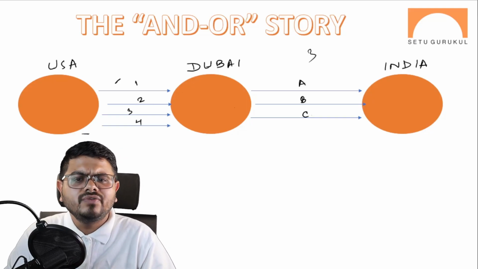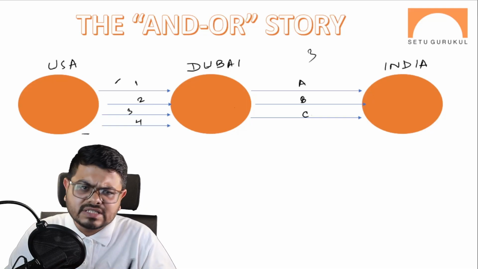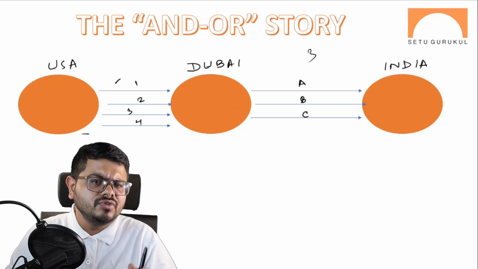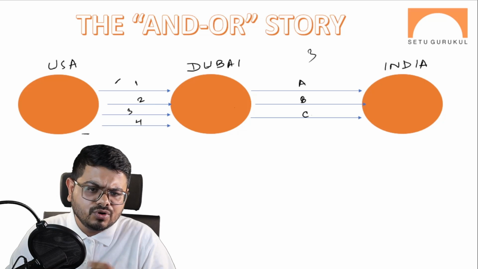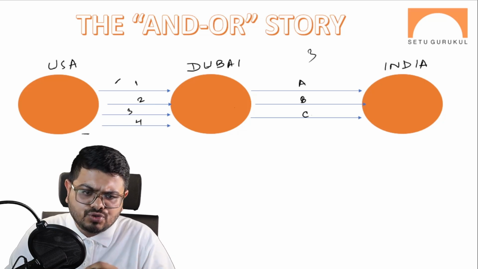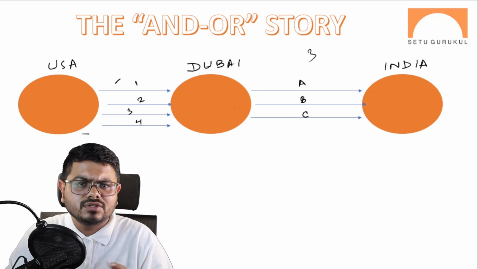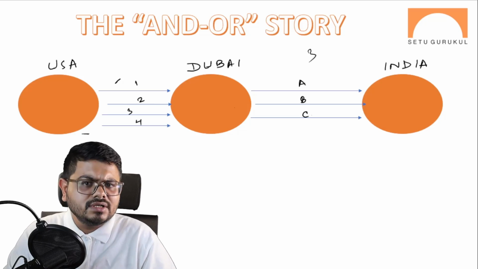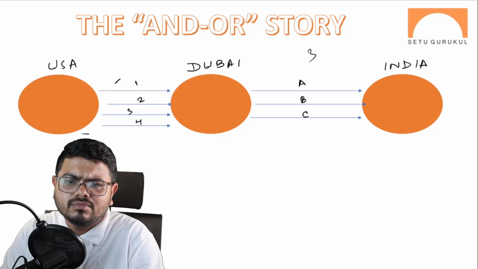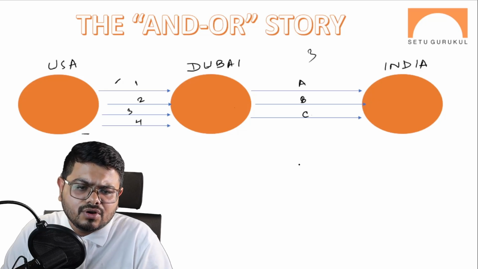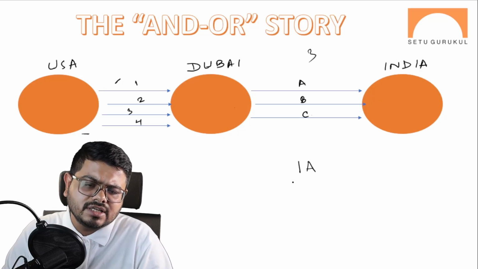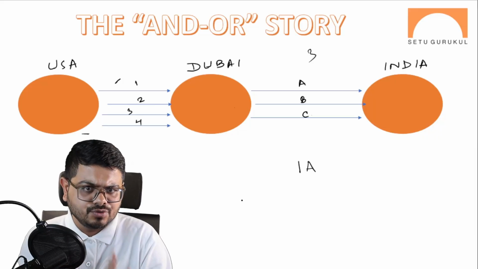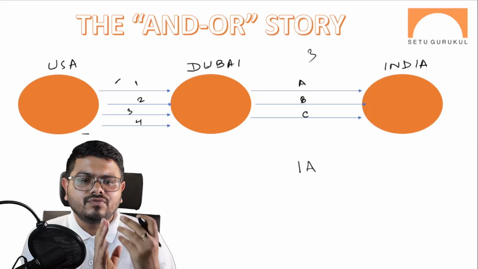Now, one way we can obviously do this is by discrete counting, the most trivial way to do it, right? You go around doing 1A, 2A, 3A, and so on. Let's try and see how that ends up. So let's say we have option 1A. He takes flight number one from USA to Dubai and flight A from Dubai to India.